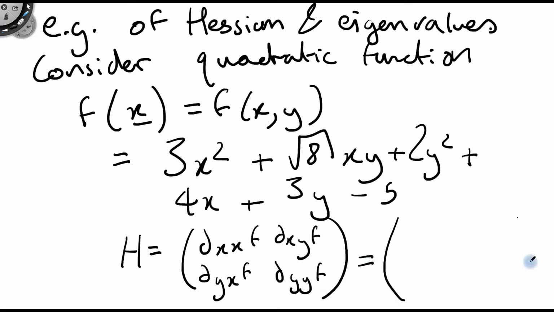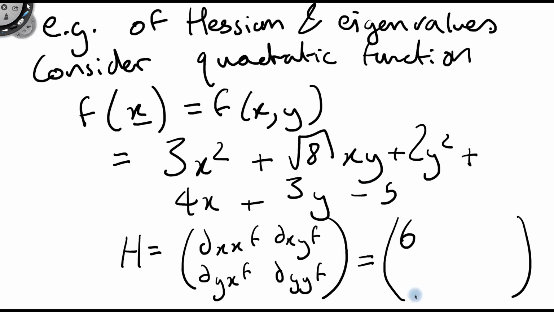And we just fill these in. Although you've got many terms here, when we take the second derivative with respect to x, it's only the 3x squared term that leads to anything, because all the other ones go to 0. The first derivative is 6x, the second derivative is just 6.